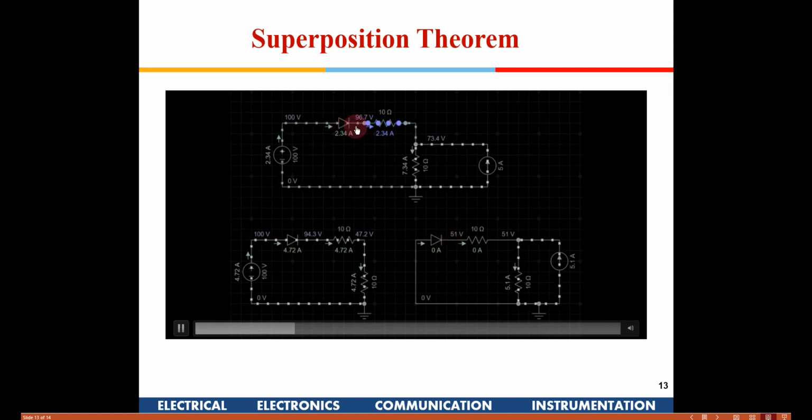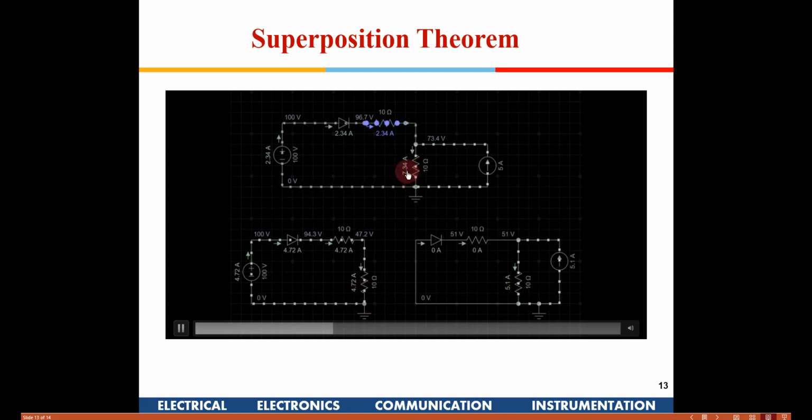There will be a small voltage drop across that, but then the current source will pump in some current into this circuit also. In this particular simulation, you will have only 0 current here. That is because this diode is not bidirectional, it is a directional and non-linear element. So the superposition theorem does not hold good here, and if you take the sum of these two currents, obviously it will not match.